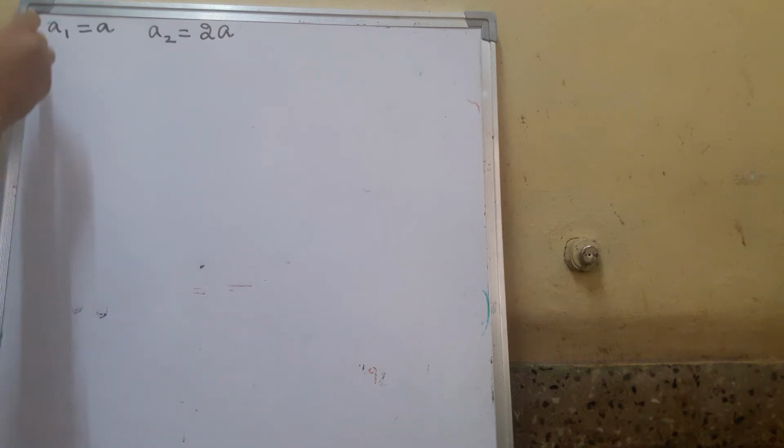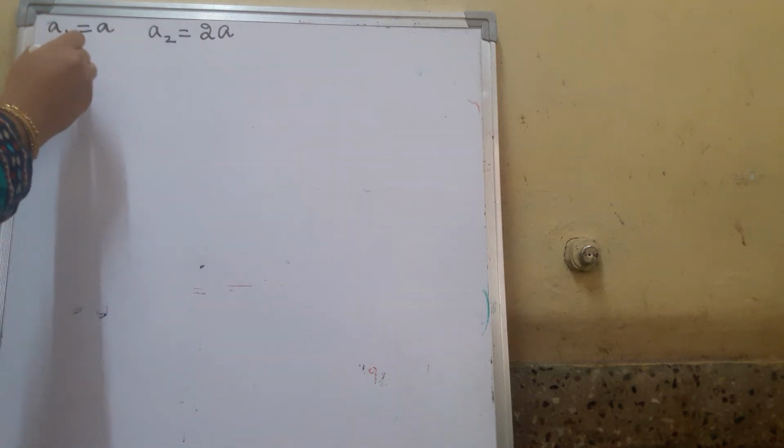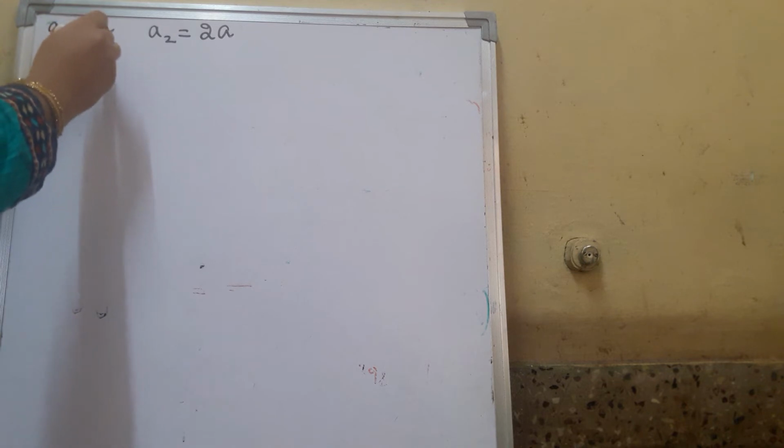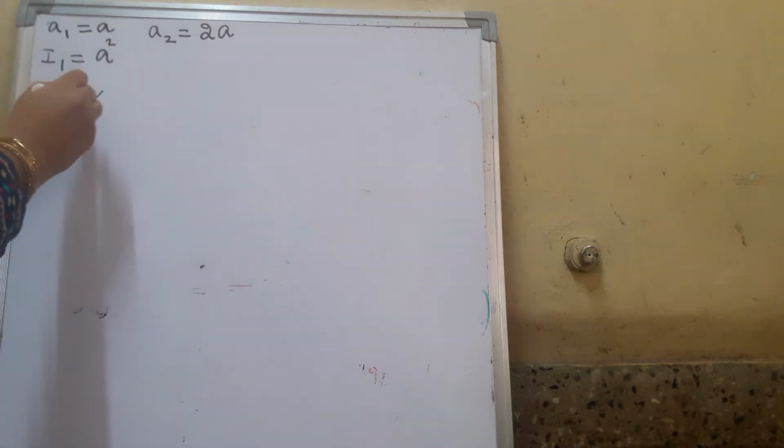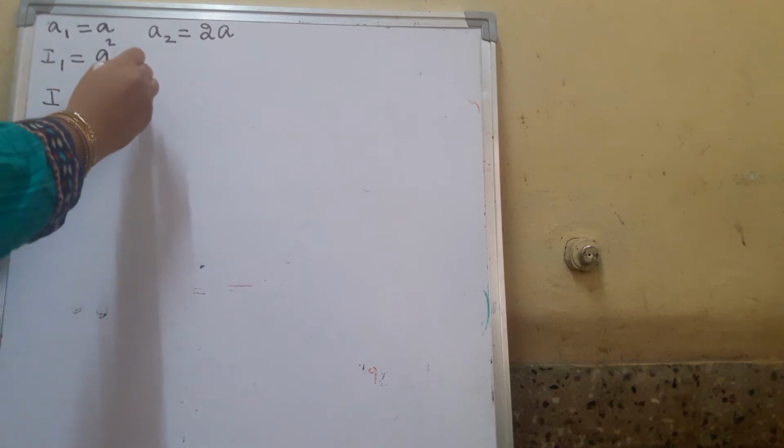So what will the intensity be? I1 is equal to A square, correct? Because intensity is directly proportional to the square of the amplitude.